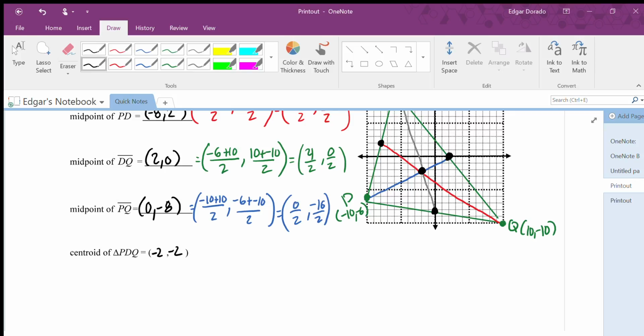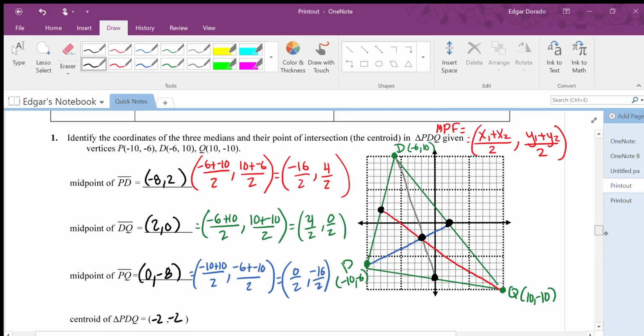Okay, so again, what did we just do? We graphed all of our points, right? Once we graphed all of our points, we found all our midpoints. With all of our midpoints, all we really have to do is start from one of the vertices, like for example here on D, and go to the opposite side. I go all the way opposite and find that opposite midpoint, so I connected those two.